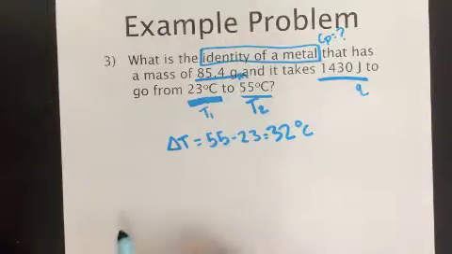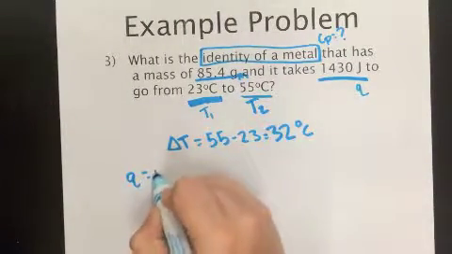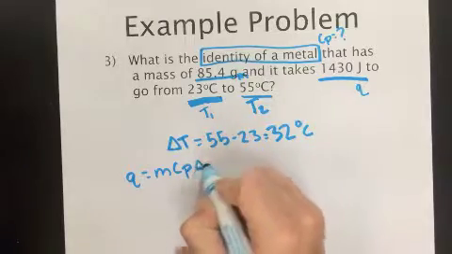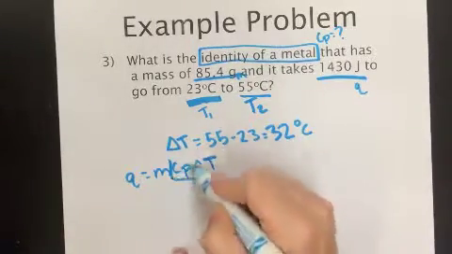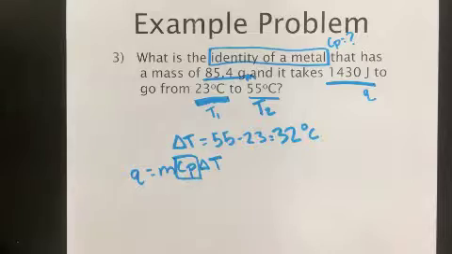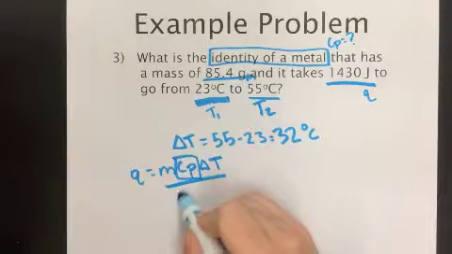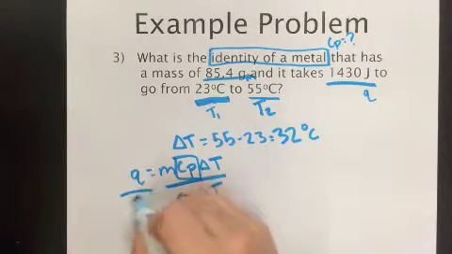So then, we're going to use Q equals mCp delta T. This time, again, we're solving for the Cp. So how do we get Cp by itself? We're going to divide both sides by m delta T.